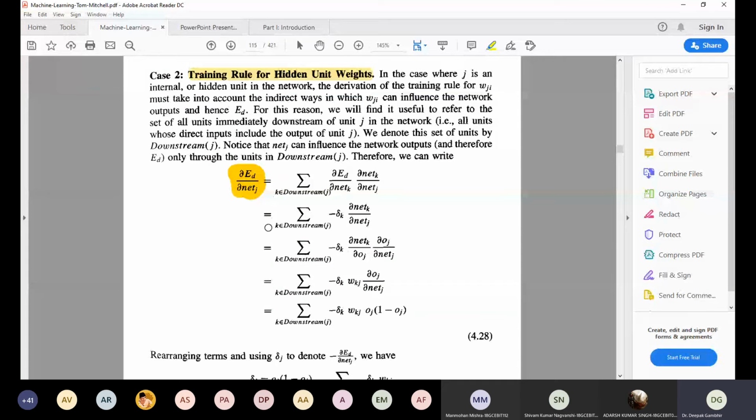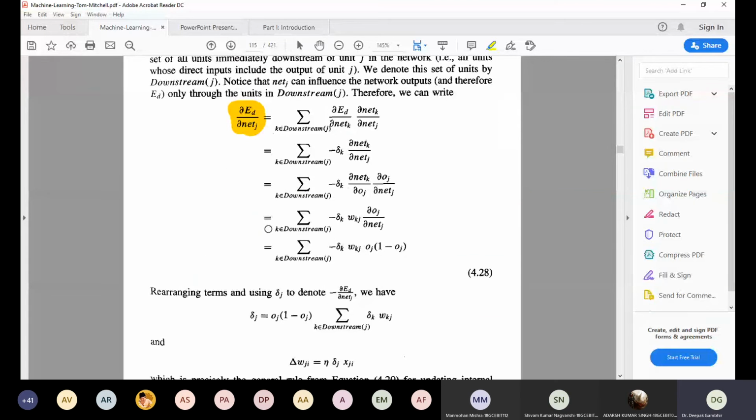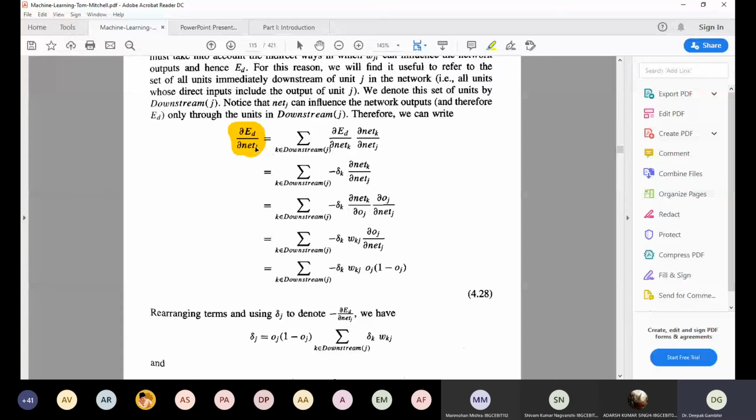We will compute the error with respect to net j, and for net j we will again use the partial derivative rule, multiplying with net k and dividing with net k.